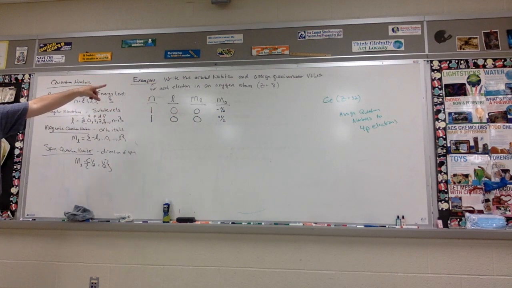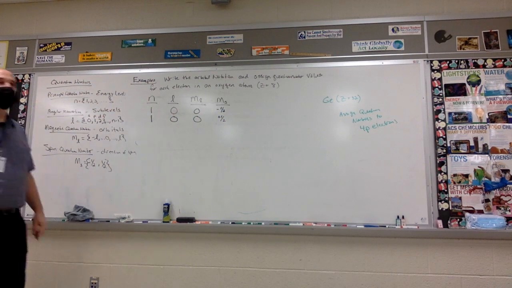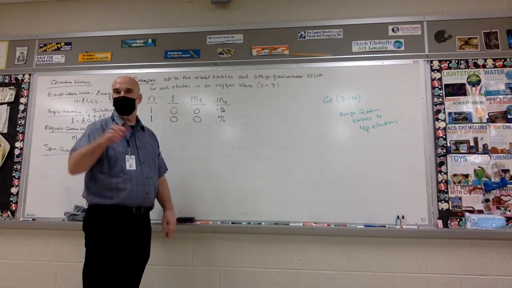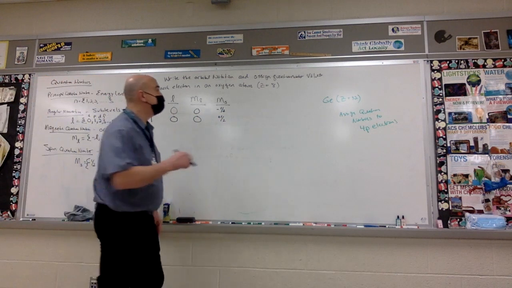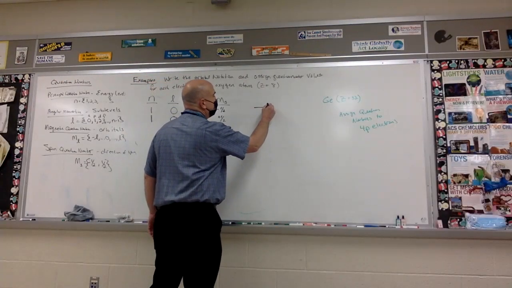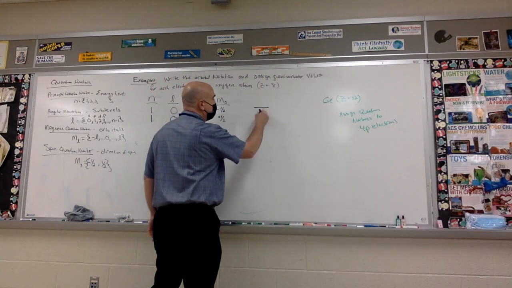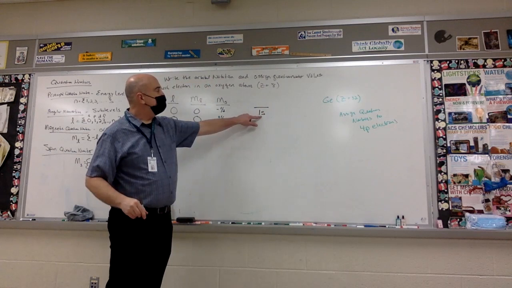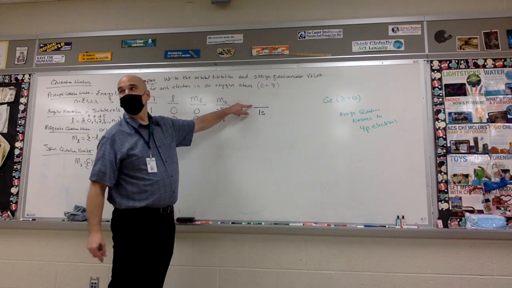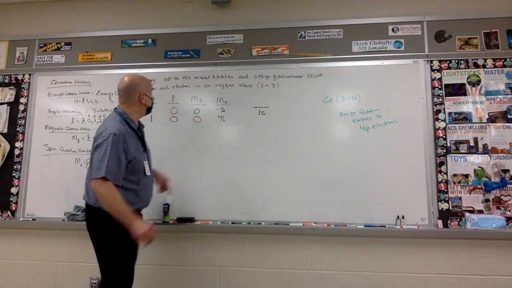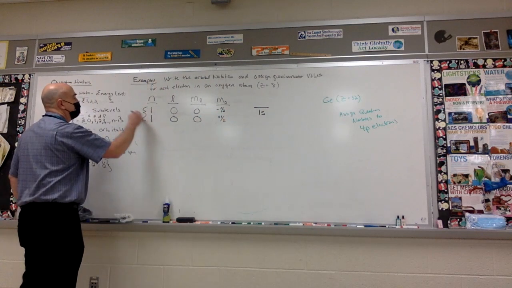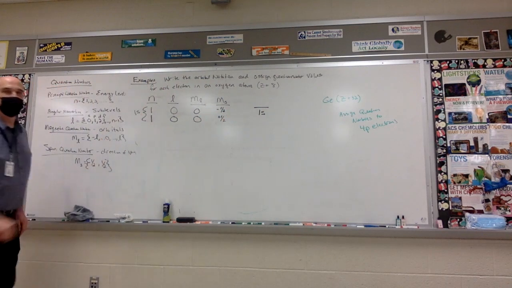I also said, let's write the orbital notation. When you write orbital notation, it's similar to what they're doing with those little boxes. I just use a line to represent an orbital. Underneath that line, I just put what sublevel that orbital is in. These are my electrons that are in my 1s sublevel.